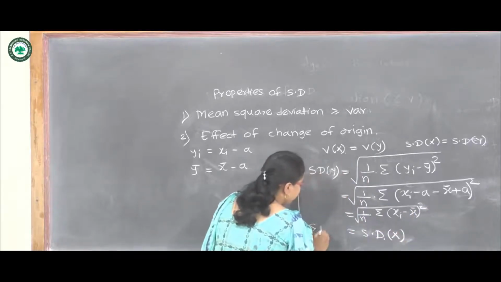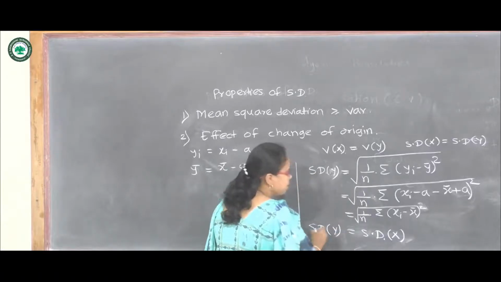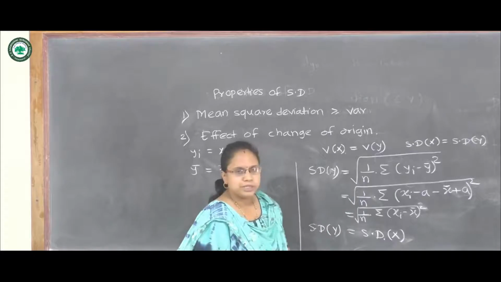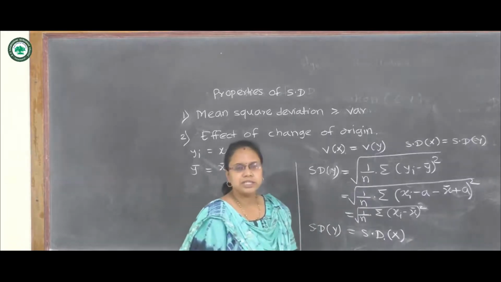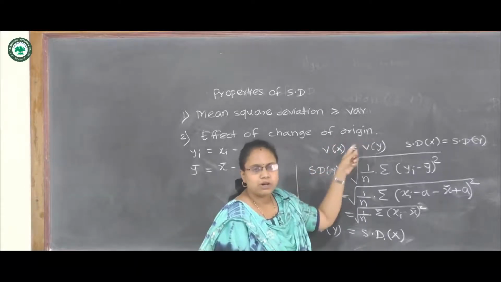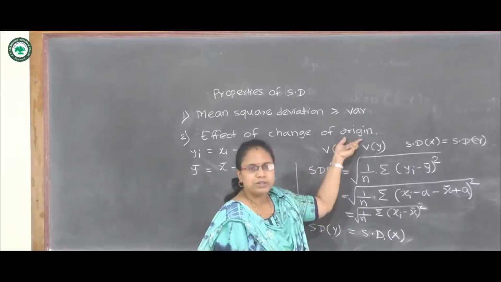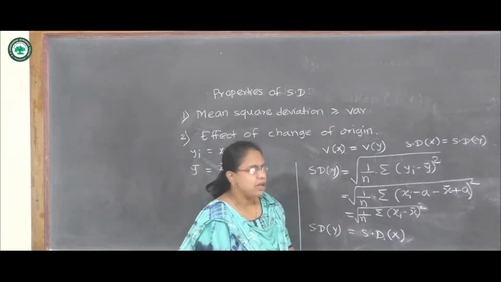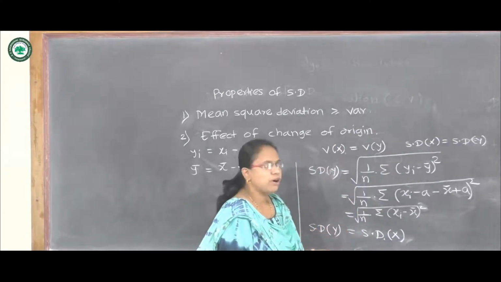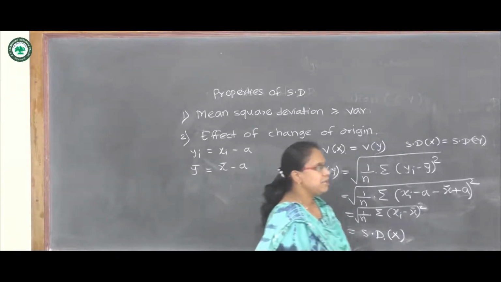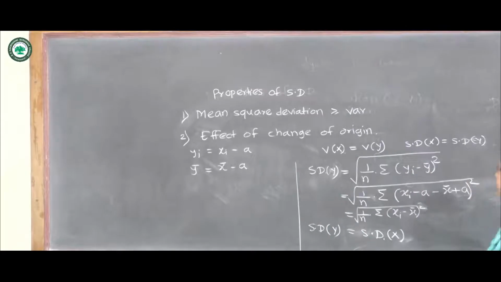So in this way we can prove this property for standard deviation also. Now let's see the next property. Here we have seen that there is no effect of change of origin on variance or standard deviation. We have proved this result for ungrouped data. Let us see it for grouped data, then we will see the next property.